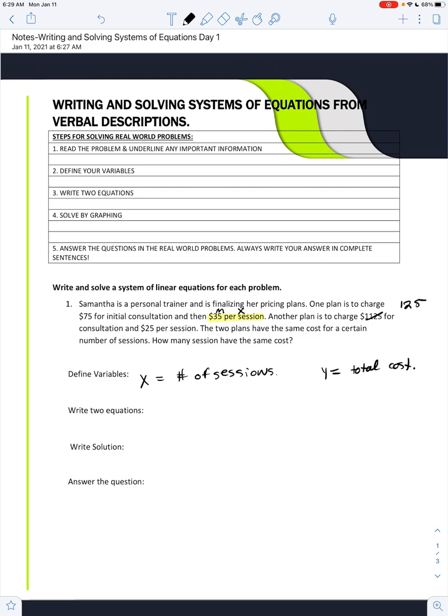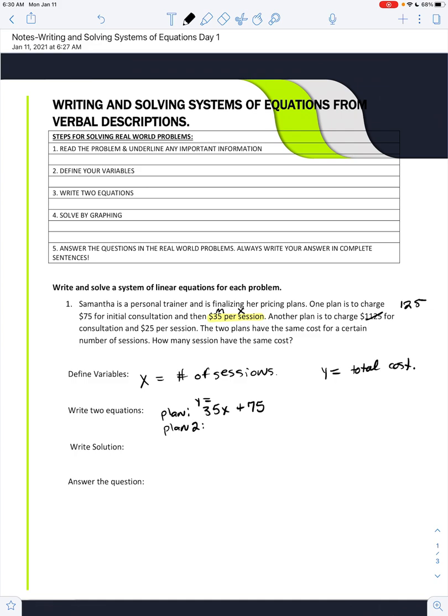So our next step is to write two equations. Well, she has one plan, so we're going to say plan 1. That's the $35 per session, right? Plus a $75 initial consultation fee. That initial is telling us we have our y-intercept. And I probably should have written y equals 35x plus 75. All right, and then from here, we're going to talk about plan 2.